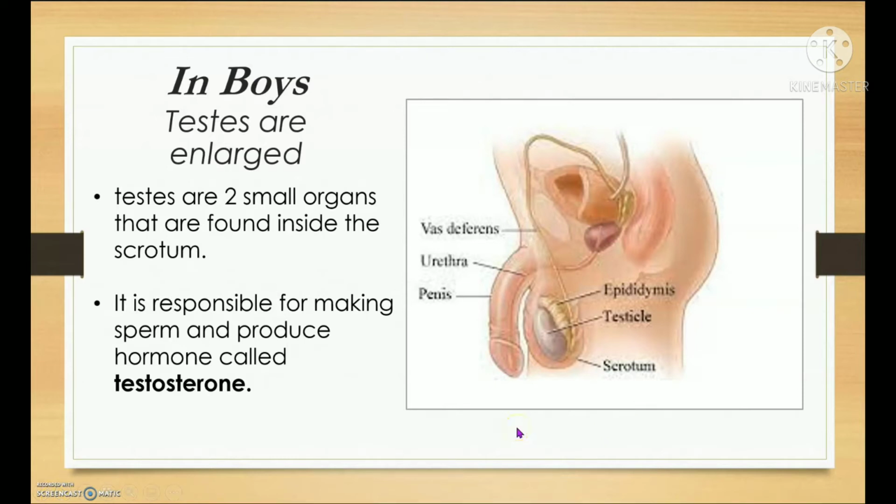Where can you find the two small organs which are called testes? Very good. You can find the testes inside the scrotum area. Another question. What is the hormone called that is involved in puberty? Very good. It's called testosterone.